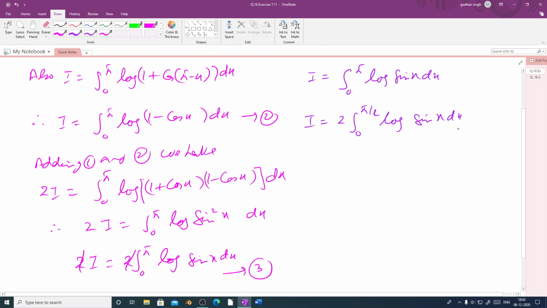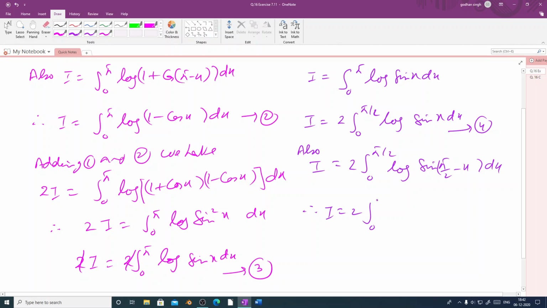Now suppose this is equation 4. Now we'll apply P4 here also. I equals 2 times the integral from 0 to pi by 2 of log, where we replace sin x with sin(pi by 2 minus x), dx. So this gives I equals 2 times the integral from 0 to pi by 2 of log cos x dx.